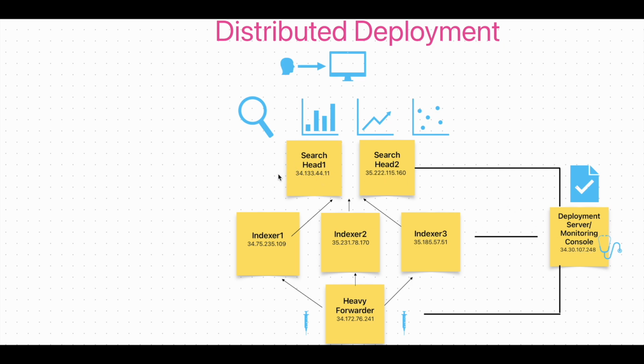There are three layers in this deployment. One is the input layer where the data gets input, then the indexing layer where the data gets stored, and the search head, the user interface. Mainly the end user will interact with this layer.